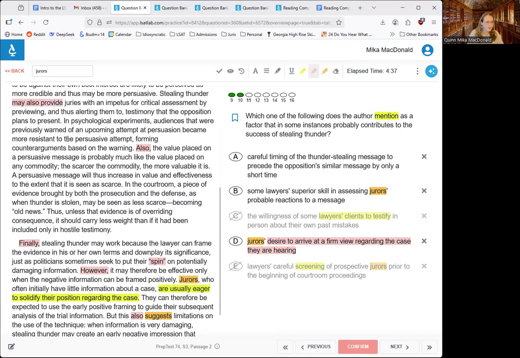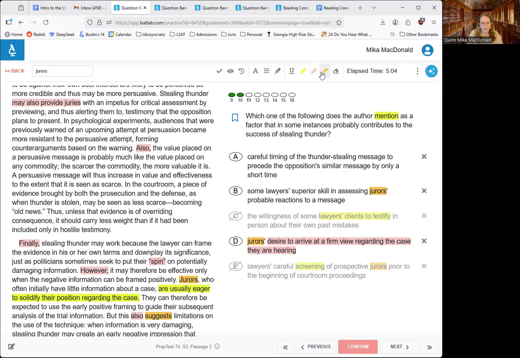So, proper nouns, distinctive words from the question stem itself, and then words that are shared between answer choices are all good ideas. Jurors is also a word that can't really be synonymized. The only other thing they could do is jury. But there's not really another word in the English language that means jury other than jury.